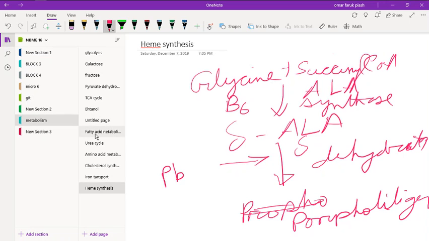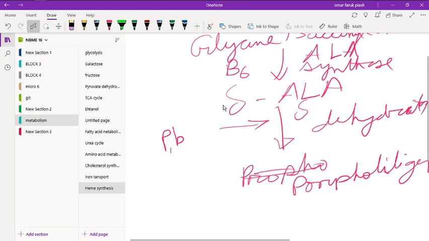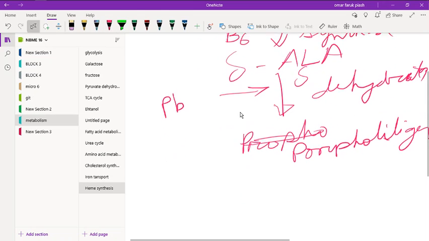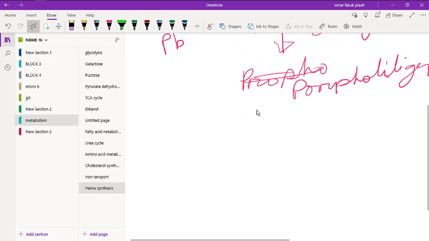So glycine plus succinyl CoA is converted into delta aminolevulinic acid with the help of aminolevulinic acid synthase, and from delta aminolevulinic acid there is porphobilinogen with the help of ALA dehydratase, and this can be blocked by lead.